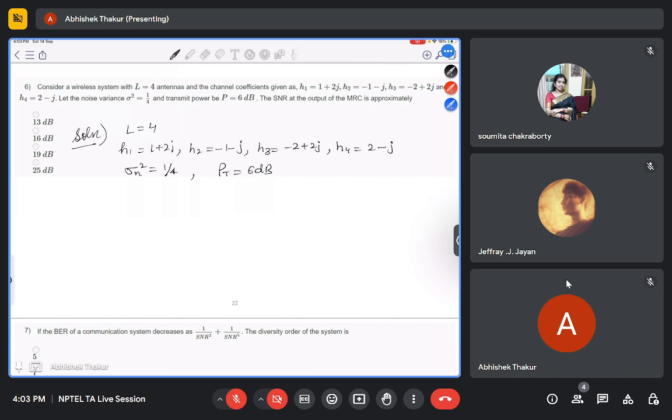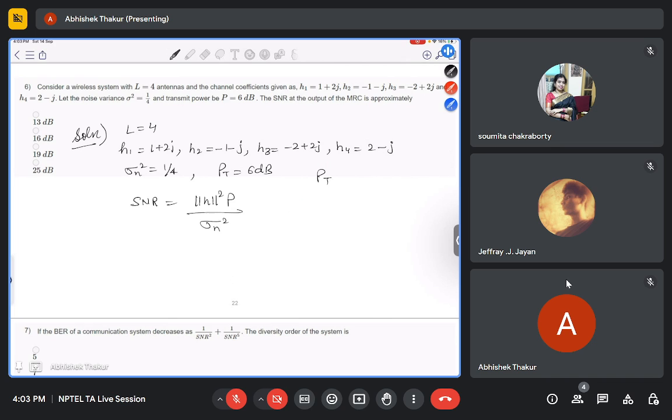So here we have to find the SNR at the output of the maximal ratio combiner. That will be given as mod of H squared times the transmitted power divided by the noise power.